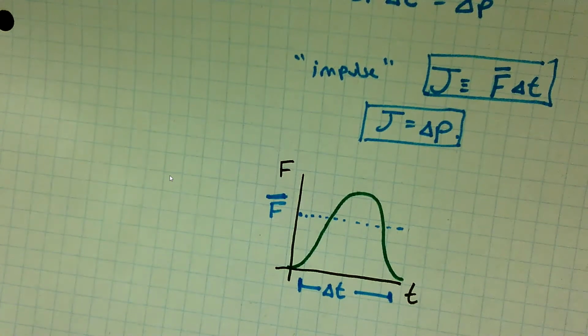But this explains things like, why is it important that you follow through on a swing in baseball? Because what are you doing if you're following through? You're changing what? Which thing? Go ahead, Mark. So you're continuing that force, which means you're changing its time, right?